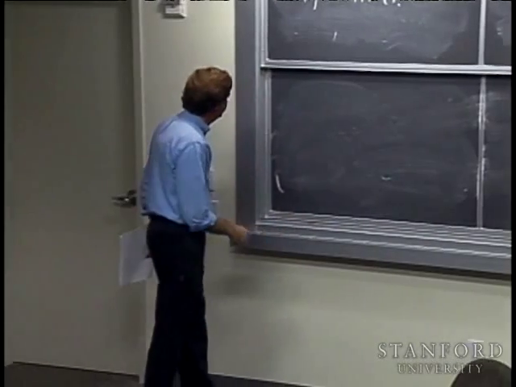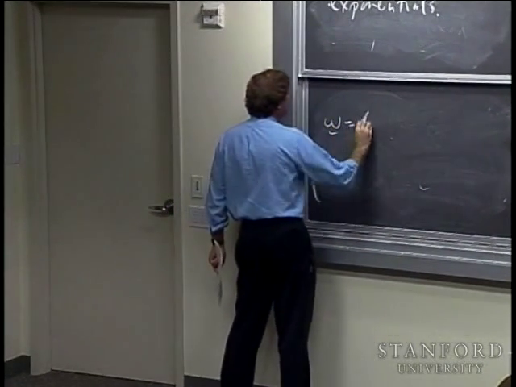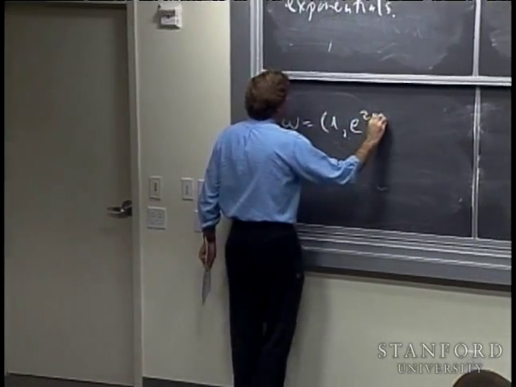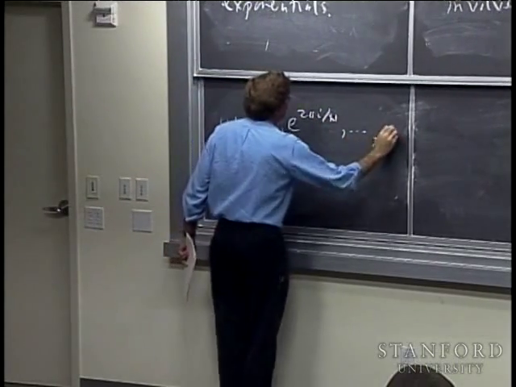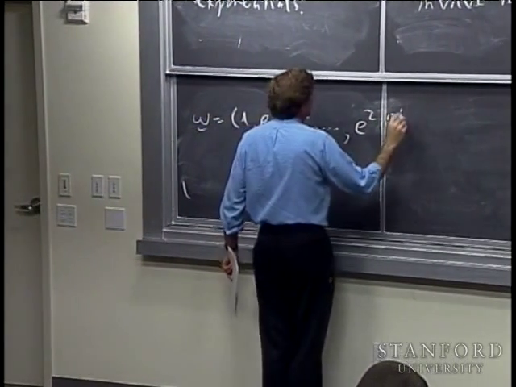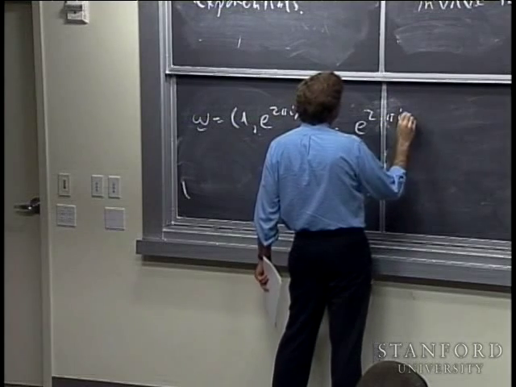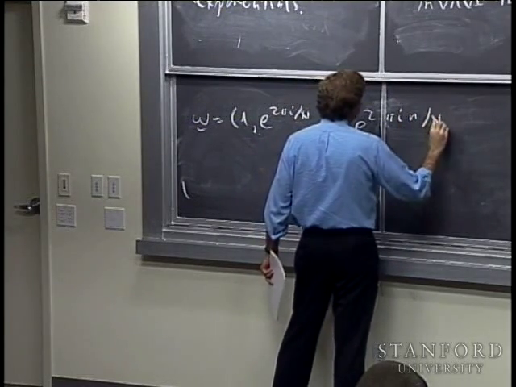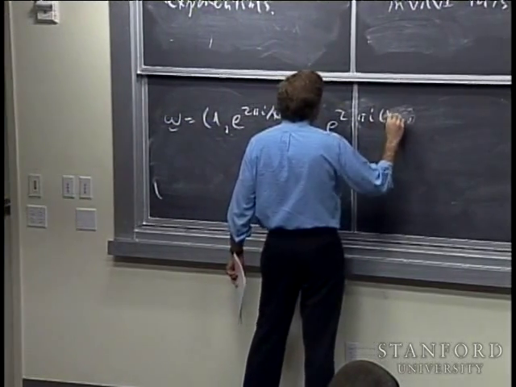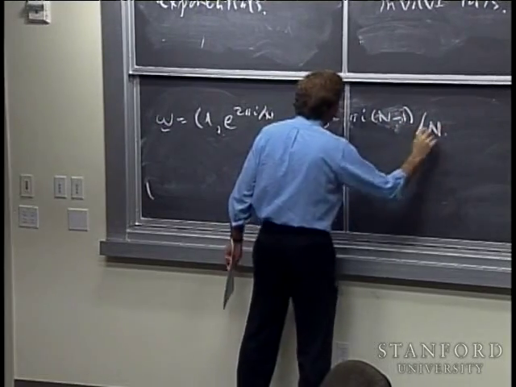All right, so again, omega is 1, e to the 2 pi i over n, up to e to the 2 pi i (n minus 1) over n.